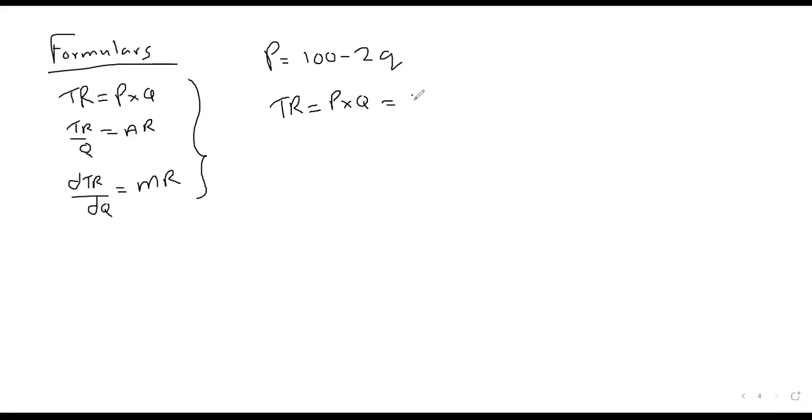So you put 100 minus 2Q. We are not given the Q, we just impute it, so under the price, times quantity, we just put the Q. Then we expand: 100 times Q is 100Q. 2Q times Q is 2Q squared. So this is what we call our total revenue all together.